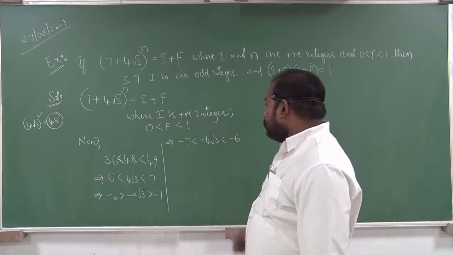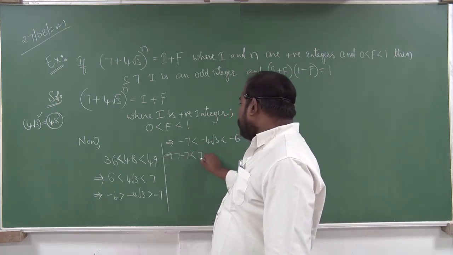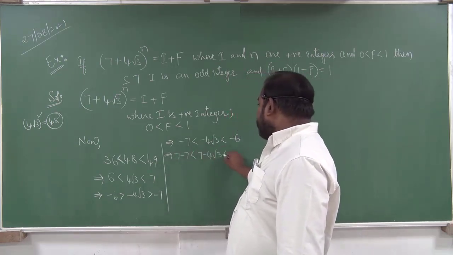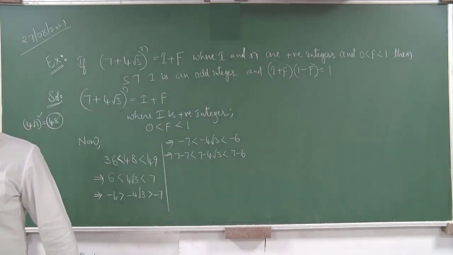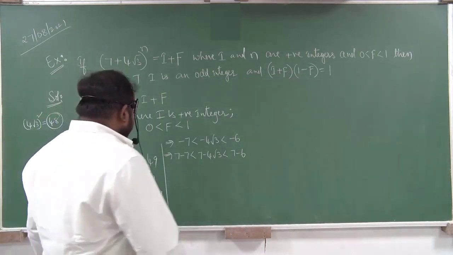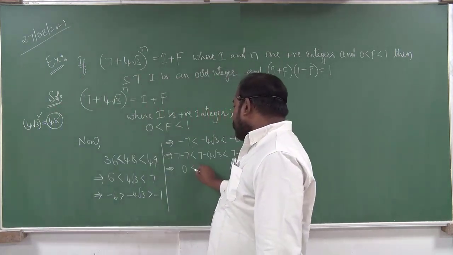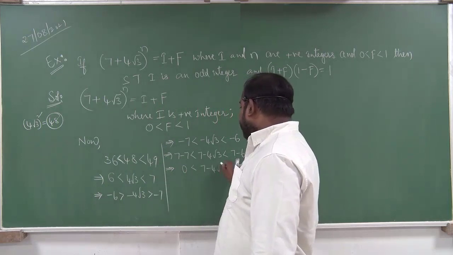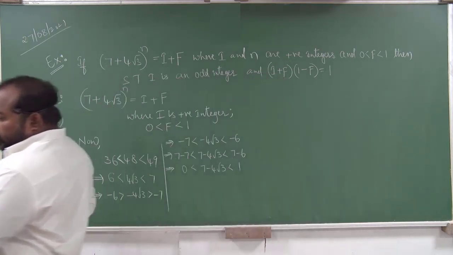Add 7 on each and every term. So if I add 7 I will get this value. Now if you observe, 7 minus 7 is 0, less than 7 minus 4 root 3 is less than 1 is the value.